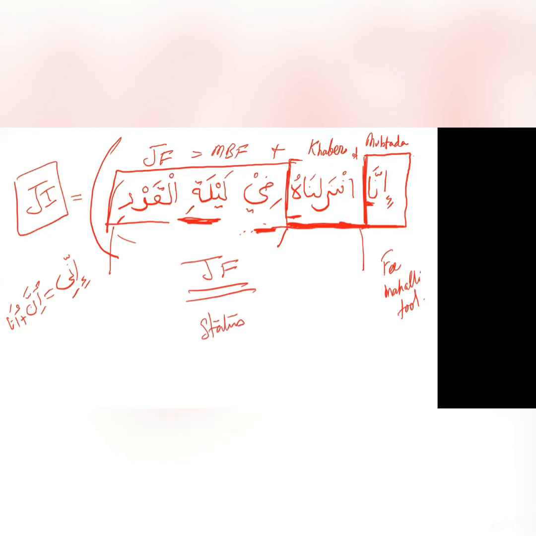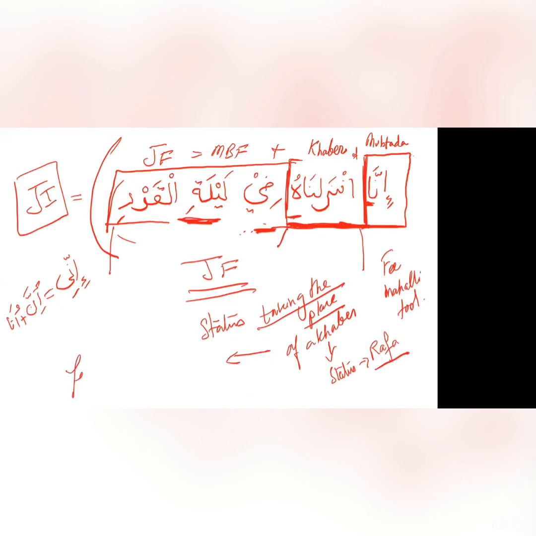Fail doesn't have status. But because it is essentially taking the place of a khabar, what is the usual status of the khabar? Rafa. So taking the place and rafa, and in Arabic we say this as fi mahalli rafa.